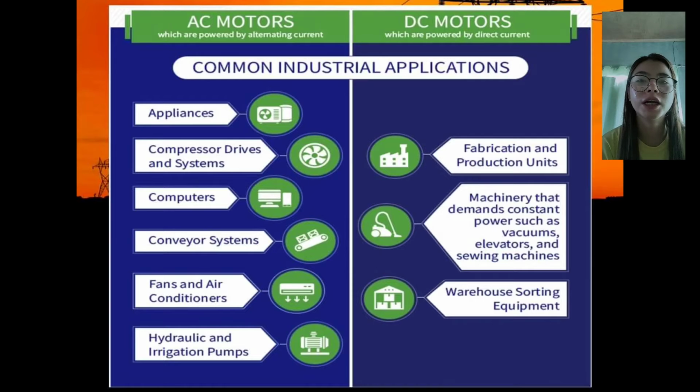So, the common industrial applications for DC motors include fabrication and production units, machineries that demand constant power such as vacuums, elevators, and sewing machines, warehouse sorting equipment.